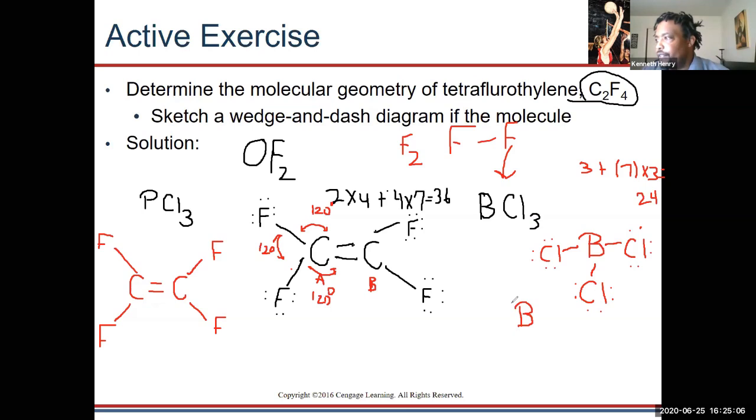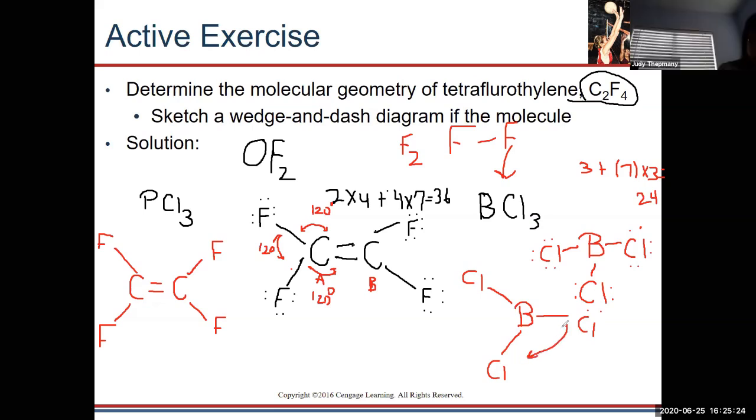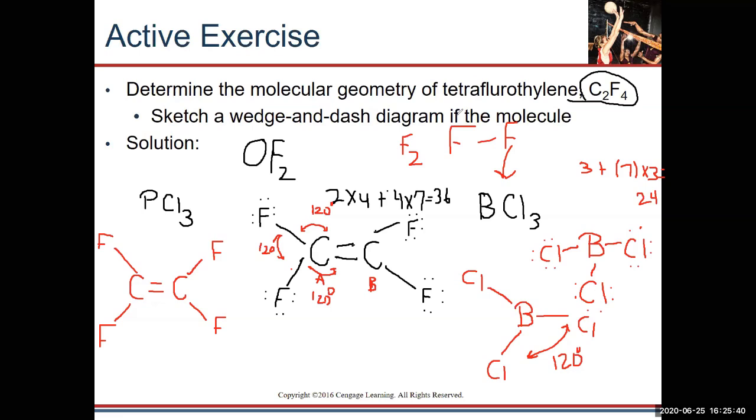So then we're going to have, what's going to be the angle between these 2 chlorines? 120. That's correct, 120, because we have 3 attachments. 1, 2, 3. Piece of cake.